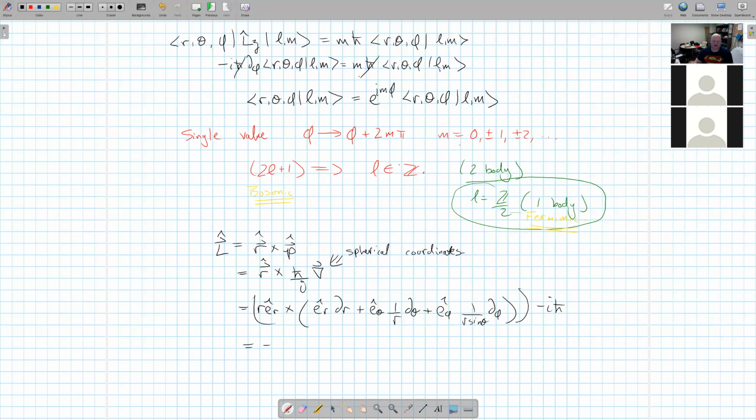Good. So I get a minus i h bar times, in the phi hat direction, a partial theta, and then I get a minus 1 over sine of theta partial phi, all in the theta hat direction.